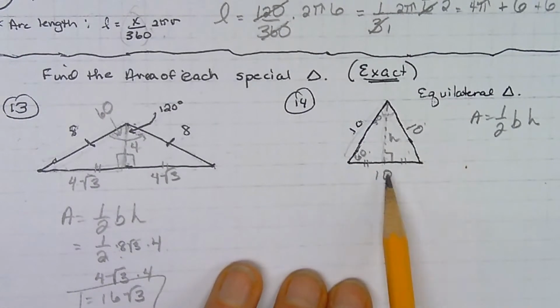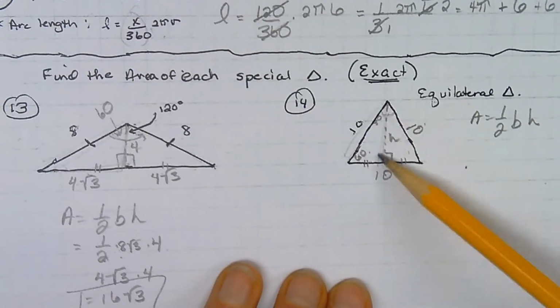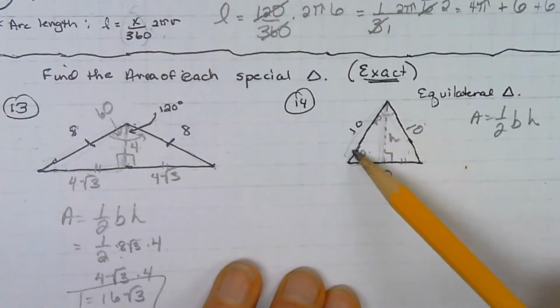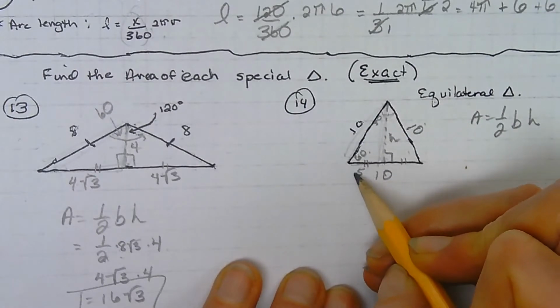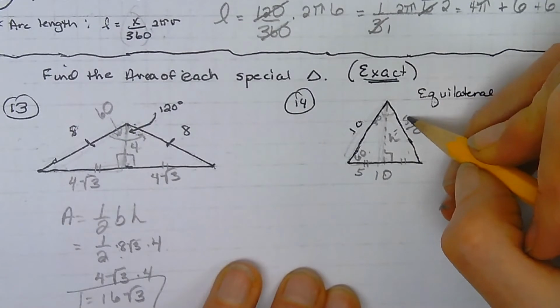This is 10, this is 10, this is 10. The height, well, here's the hypotenuse. This is the long leg, so we'll need to find the short leg first. Always find the short leg first in 30, 60, 90s. So if this is 10, then this segment is 5, and the height is equal to 5 rad 3.